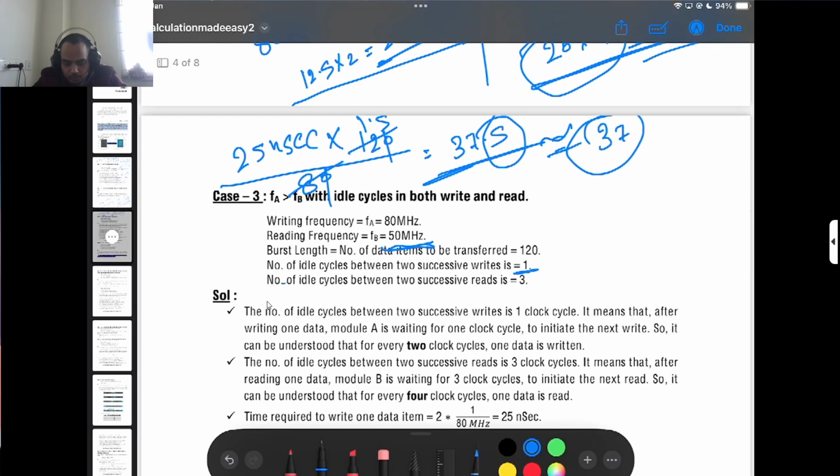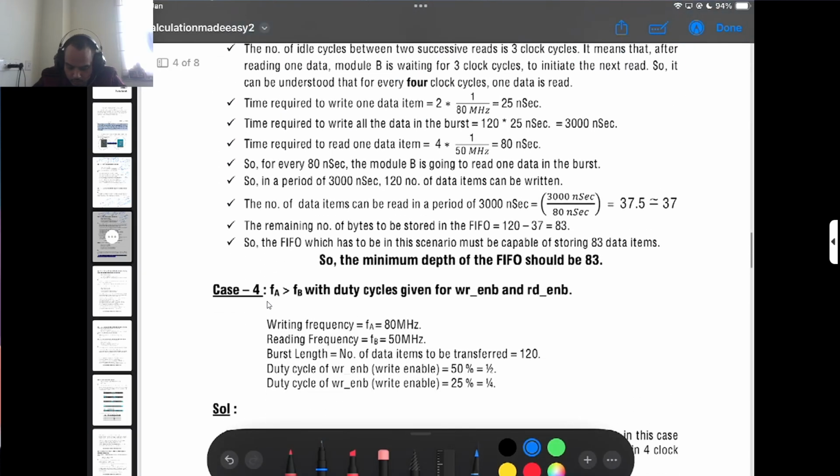So what is the depth of the FIFO? FIFO depth is equal to 120 minus 37, that is 83. So 83 is the answer here.